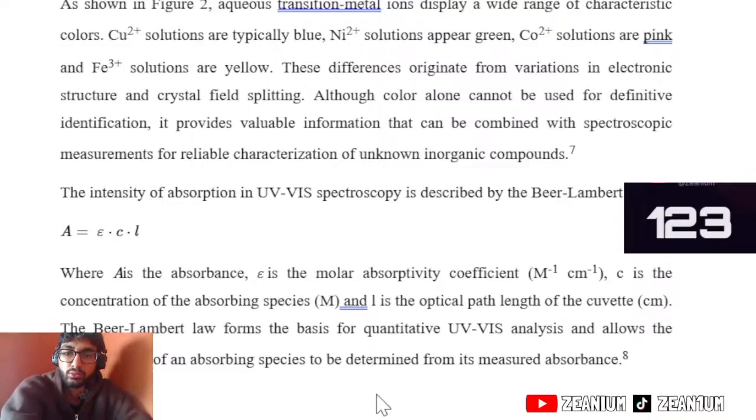Although color alone cannot be used for definitive identification, it provides valuable information that can be combined with spectroscopic measurement for reliable characterization of unknown inorganic compounds.